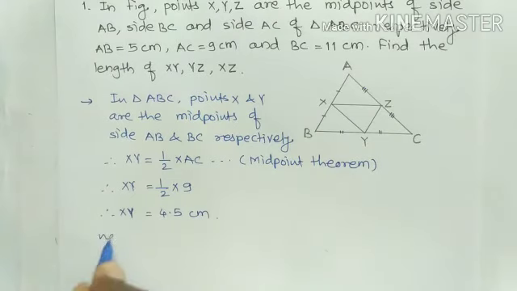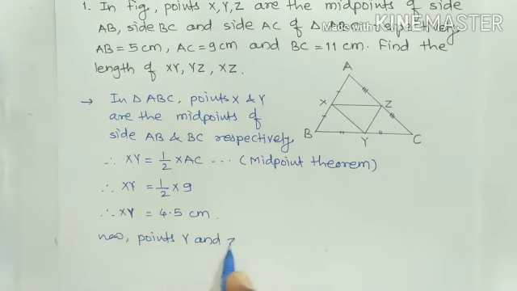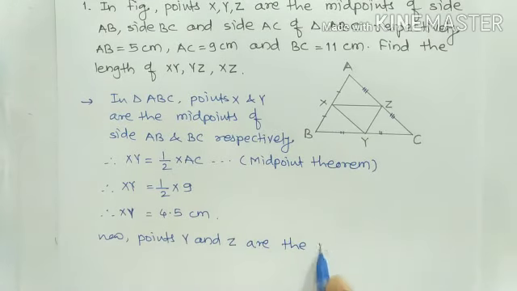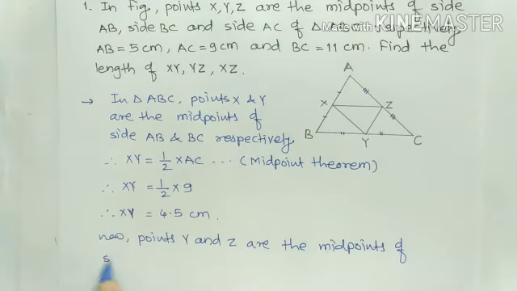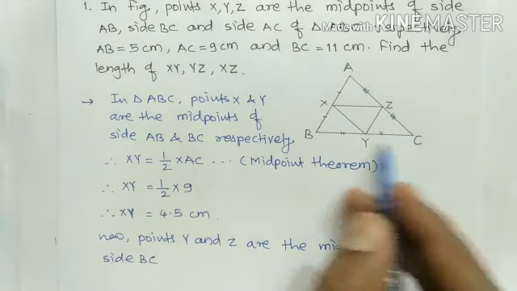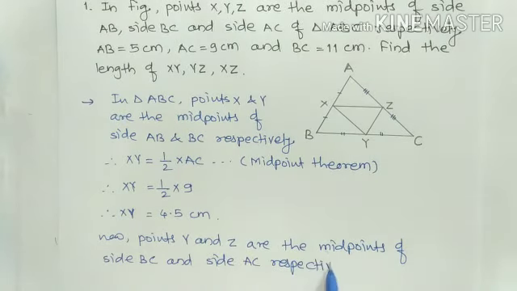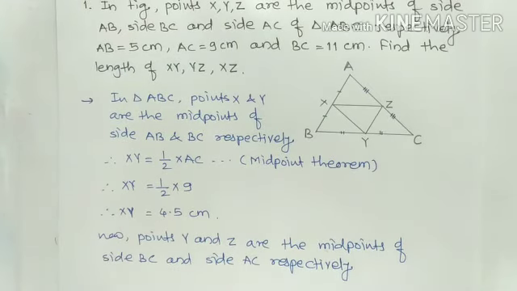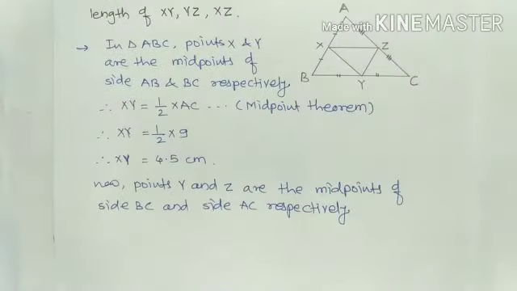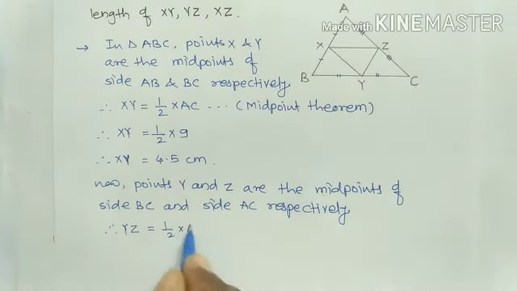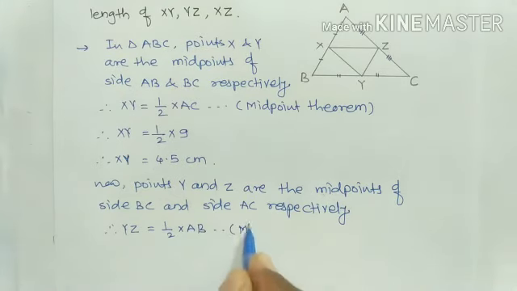Now points Y and Z are the midpoints of side BC, see in figure, and side AC respectively, and therefore this YZ equals half of AB by midpoint theorem.